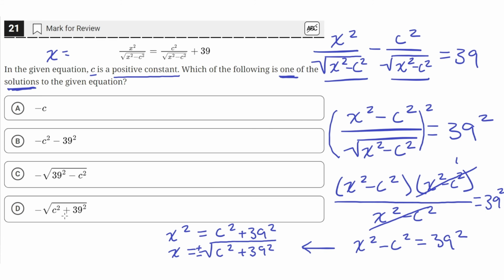One is positive, one is negative. Okay, and of all the answer choices, the only one that shows one of the solutions is answer choice D, because this right here shows the negative solution, and we still have the square root of c squared plus 39 squared, but it shows us the negative solution of the square root. So D is the answer.